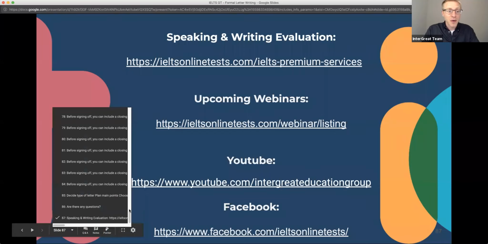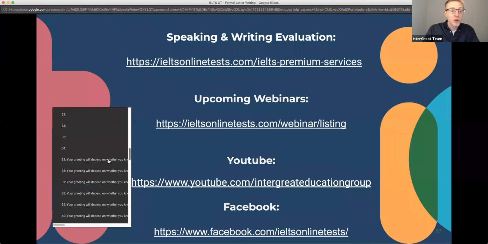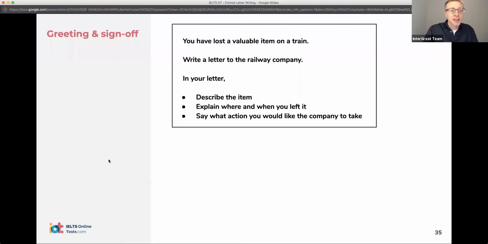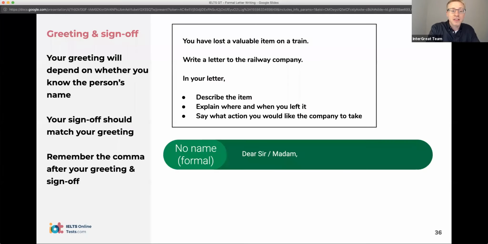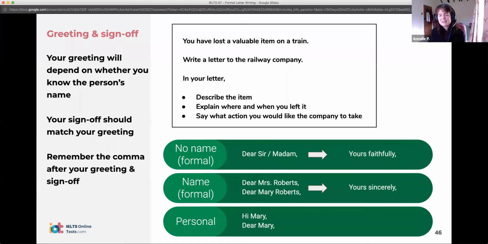We have a question here from MD Humayun, who is asking, in your closing, is best regards okay for a semi-formal letter? I would say for a semi-formal, yeah, because you definitely wouldn't want to use yours faithfully or yours sincerely for semi-formal.